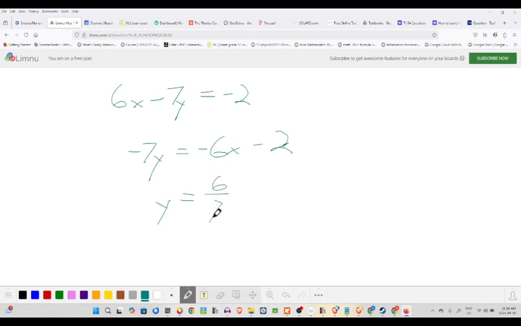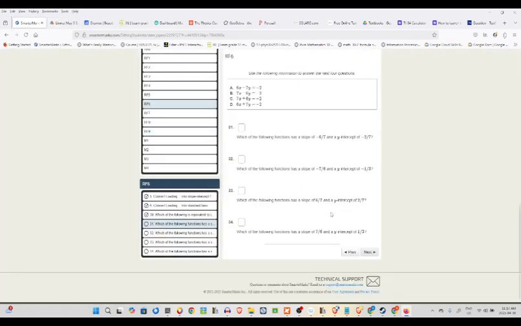We'll have 6 over 7x plus 2 over 7. And this was multiple choice option A. So A has a slope of 6 over 7 and a y-intercept of 2 over 7. That's what question 33 is asking for.